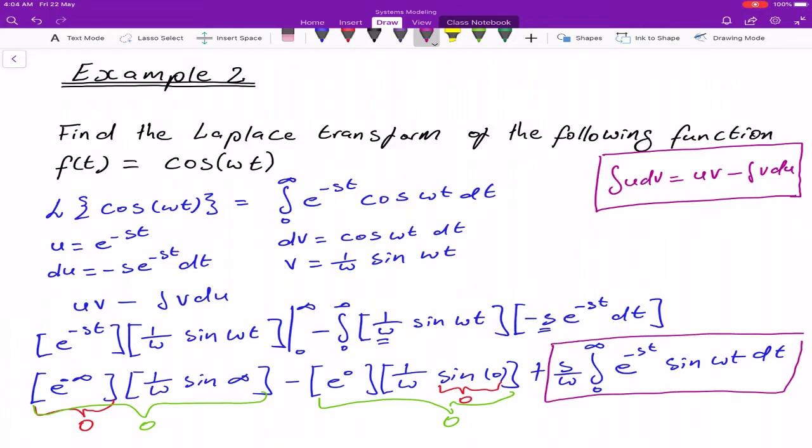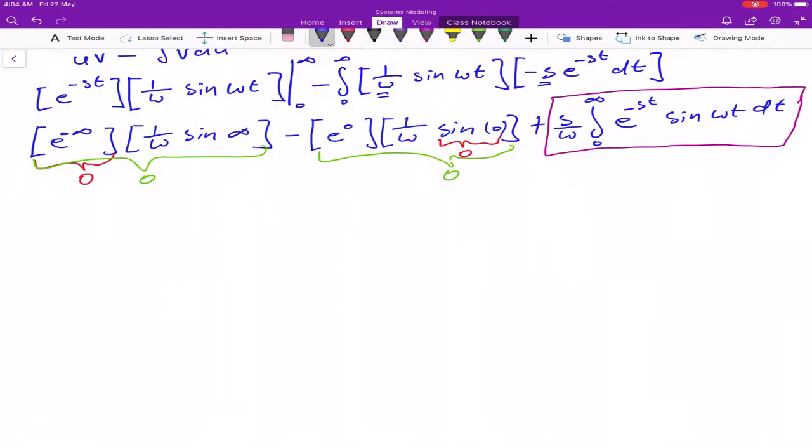And we are going to look at this part. Let me just rewrite that. Now, we can see that we have s over omega integrating from 0 to infinity, e to the minus st sine omega t dt. Now, this whole thing is the Laplace transform of the sine function.